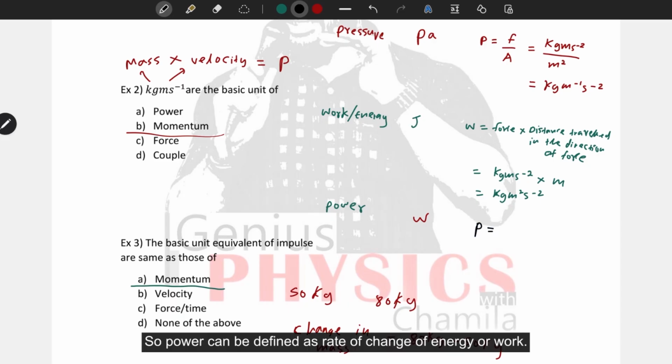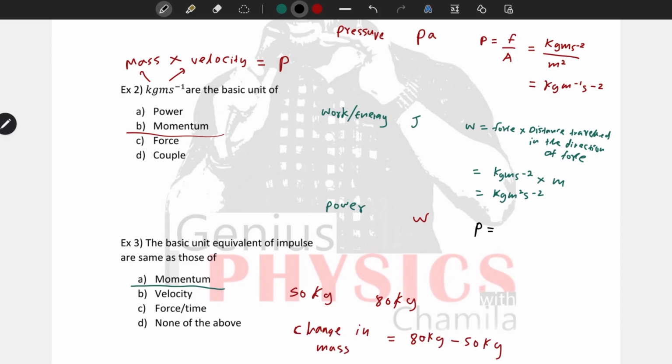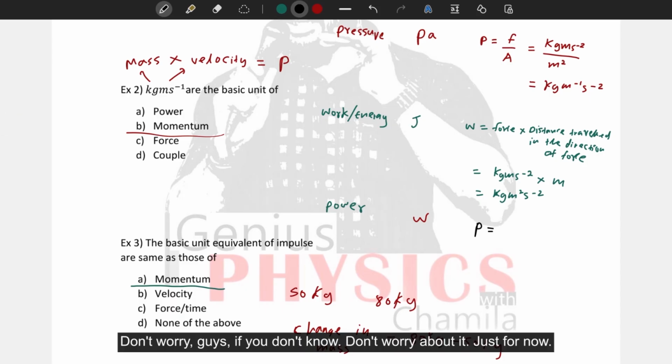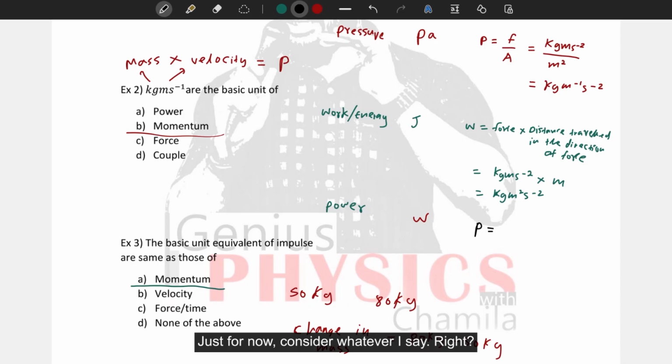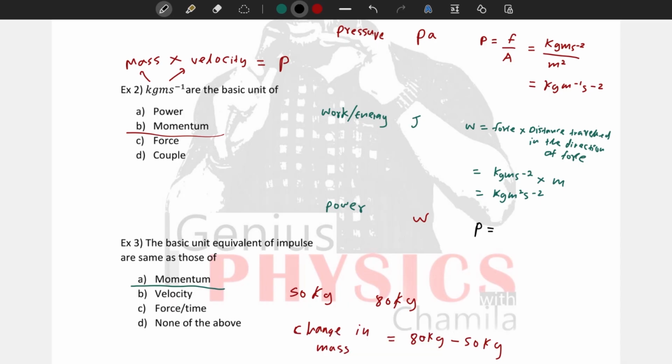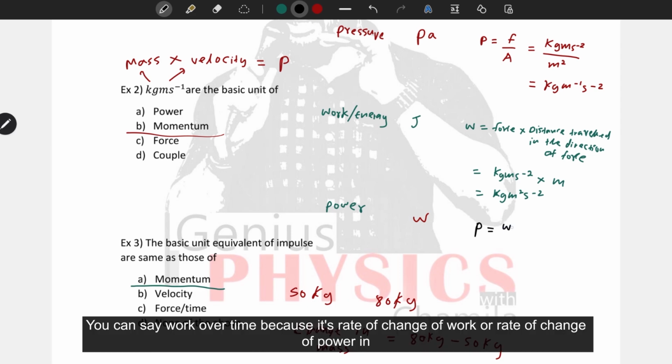Power can be defined as rate of change of energy or work. We'll come across these concepts later on. Don't worry, guys, if you don't know. For now, just consider whatever I say, right? So then P is equal to work over time, because it's rate of change of work.